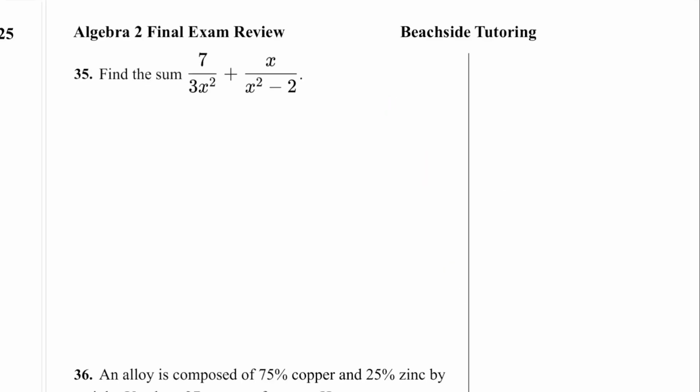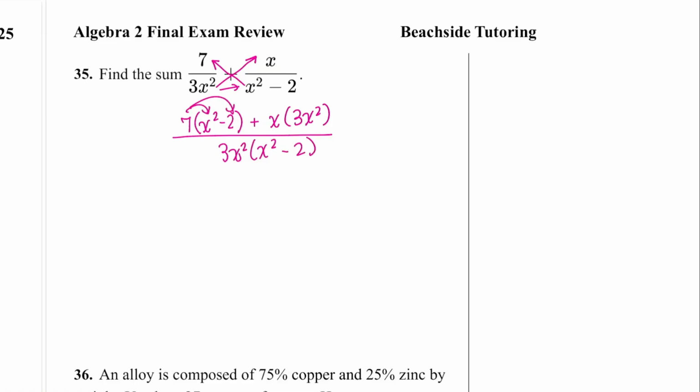Number 35, find the sum of 7 over 3x squared plus x over x squared minus 2. I'm going to show you a really cool way to solve this that works every time. We're going to multiply the bottom right to the top left, multiply the bottom left to the top right, and then multiply the denominators. So 7 times (x squared minus 2) plus x times 3x squared, over 3x squared times (x squared minus 2).